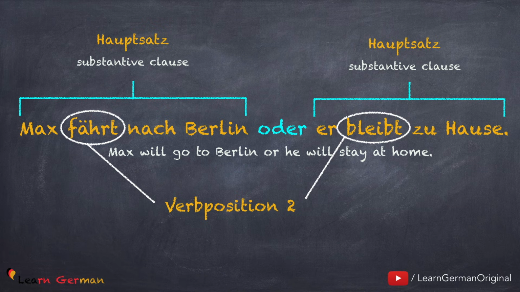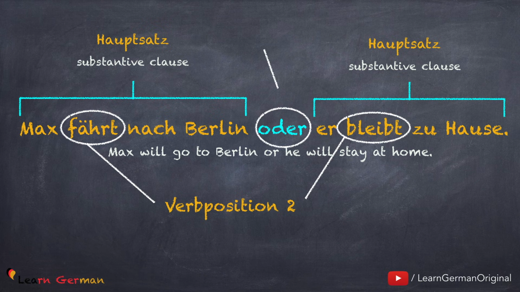Some conjunctions push the verb to the end of the sentence. These kind of sentences are known as Nebensätze or in singular Nebensatz. If you want to know more details on this, you can watch our video on Nebensätze mit das. The link is given below.